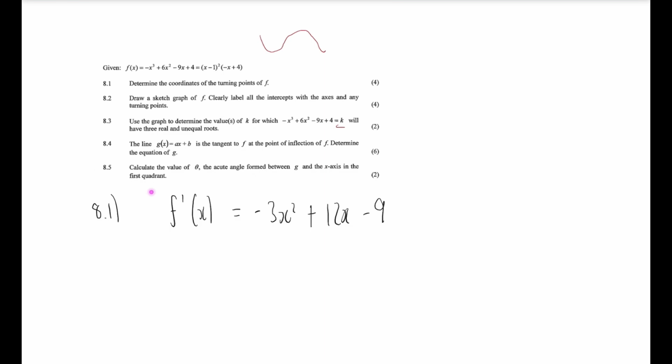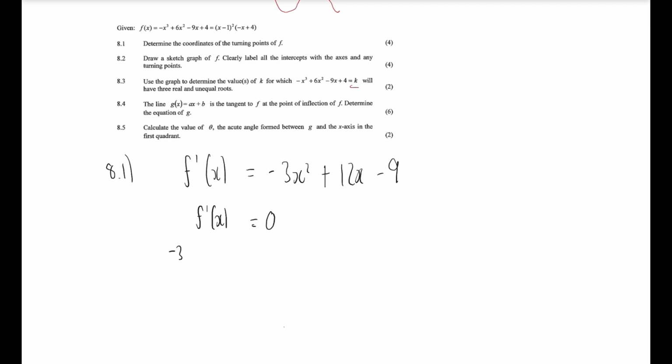What we are looking for are those x values at which the gradient of f is 0. That means f'(x) must be equal to 0, therefore -3x squared + 12x - 9 = 0.